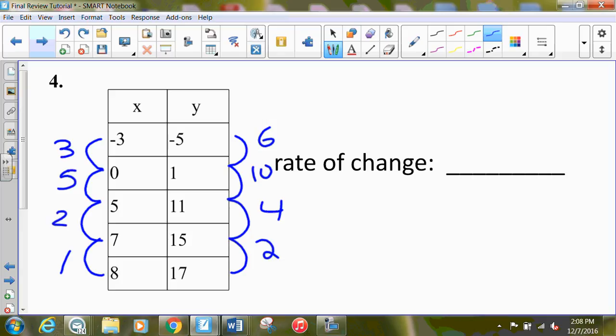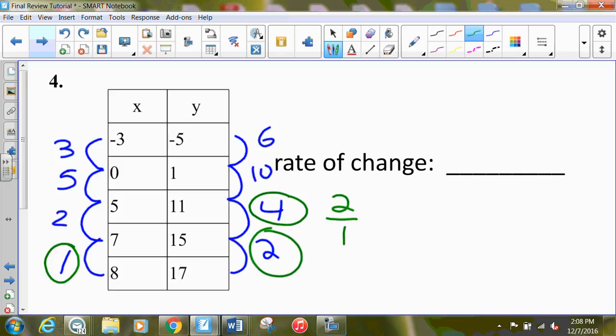So when we think about it, if the rate of change is the change in y over the change in x, then the first time we looked at it, we're saying, oh, well, then the slope's 2/1. But then we look at the next pair, and we'd say, well, this rate of change is the change in y over the change in x. That would be 4/2. Ooh, it looks different, but so far, is 2/1 the same thing as 4/2? Yes, they are both equal to 2.